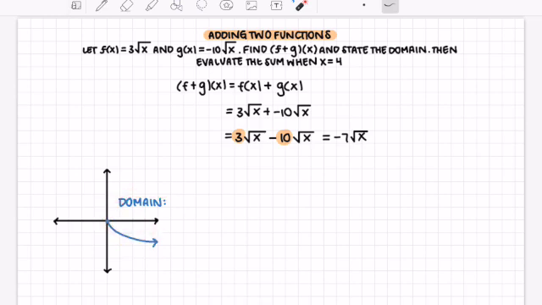And so I can identify what my domain is because it starts at 0 and it continues to go to the right. So we can just say that the domain is all non-negative real numbers.